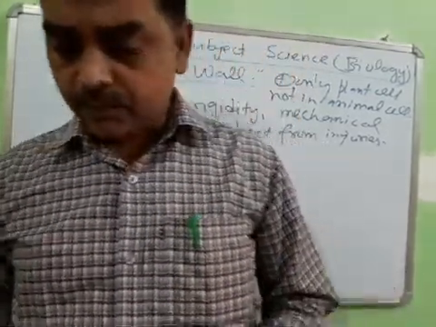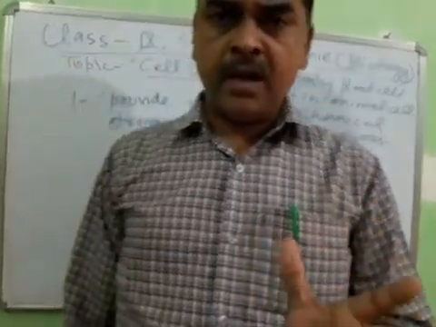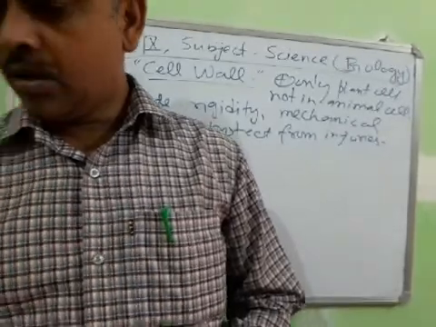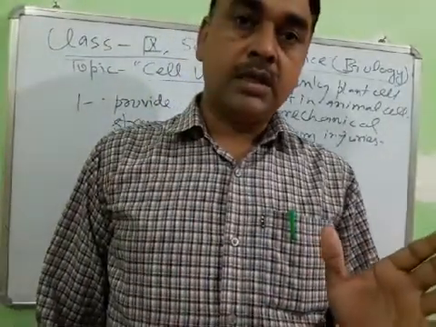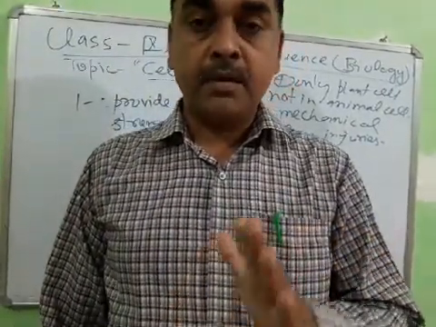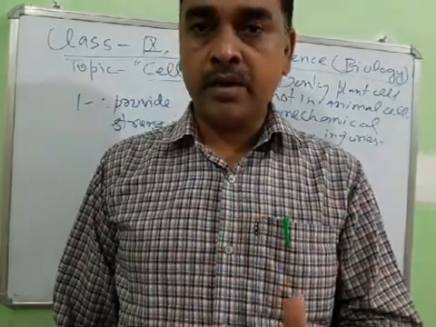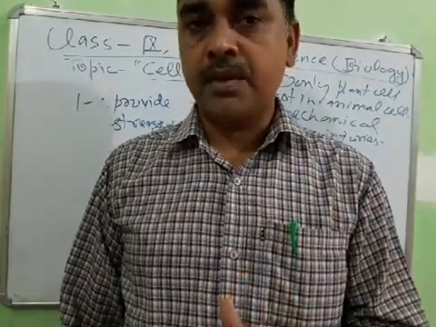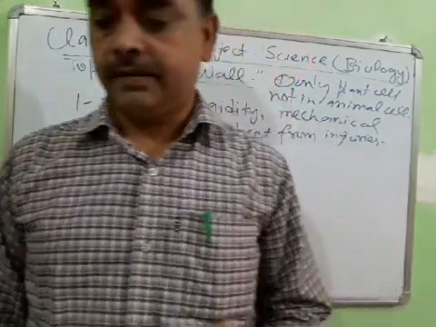Students, generally the plasma membrane is very thin. You know, the cell wall and the plasma membrane. The plasma membrane occurs only in animal cells, and the cell wall is present only in plant cells.